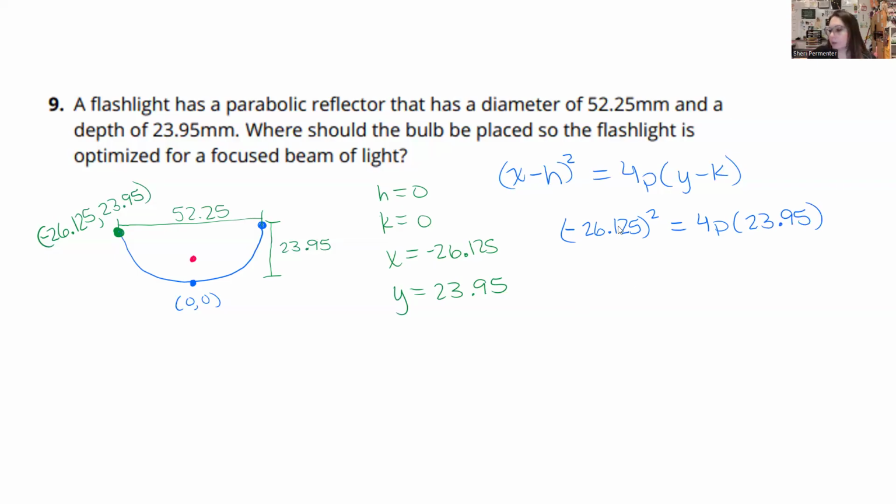What's going to happen when you square a negative? So does it really matter if we say that it's negative? Could we have used this point right here? Yep, and it wouldn't matter.